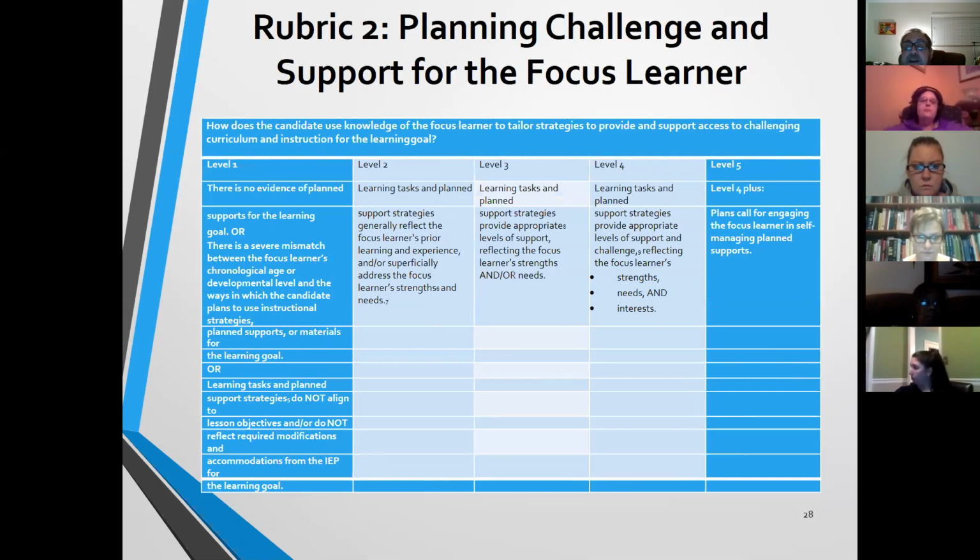How does the candidate use knowledge of the focused learner to tailor strategies to provide and support access to challenging curriculum and instruction for the learning goal? So again, let's start at level 3, because that's where the scorer is going to start.